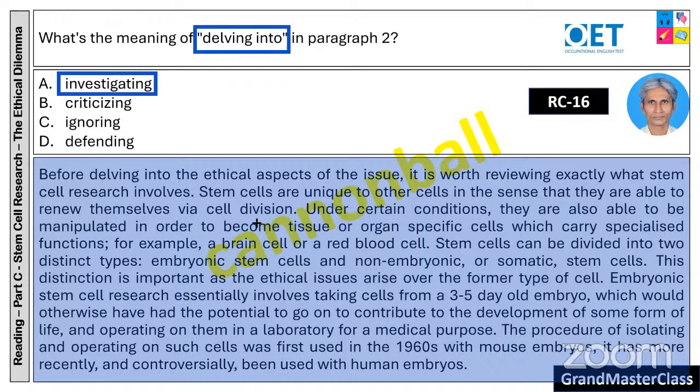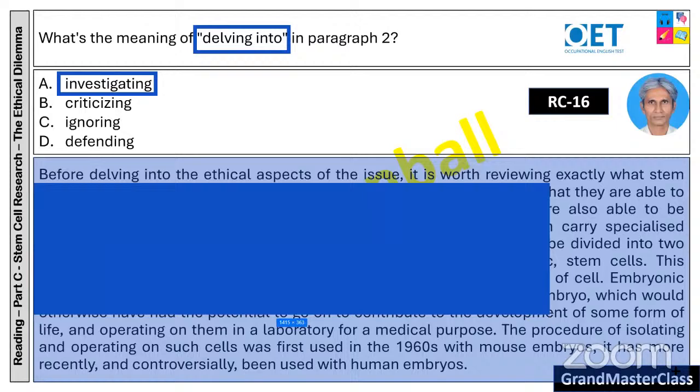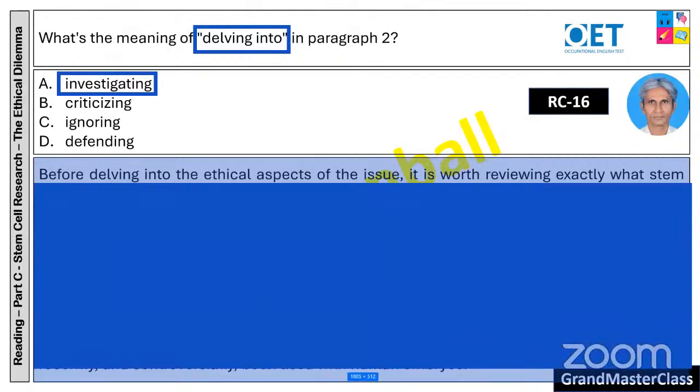Probing, researching, searching, finding, inquiring, going deeply, or thorough study, like this, all are different words. So you can just ignore this information. This is not necessary at all.